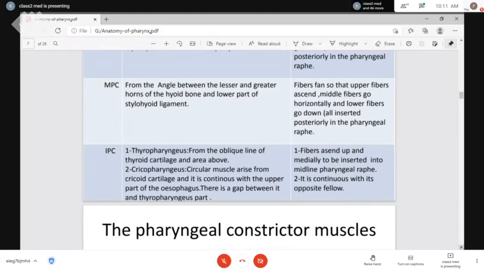There is a gap between it and the upper part, which is the thyropharyngeal part, because its fibers run transversally, but the fibers of the thyropharyngeal muscle ascend upward. So there is a gap between the two parts of the inferior pharyngeal constrictor muscle.